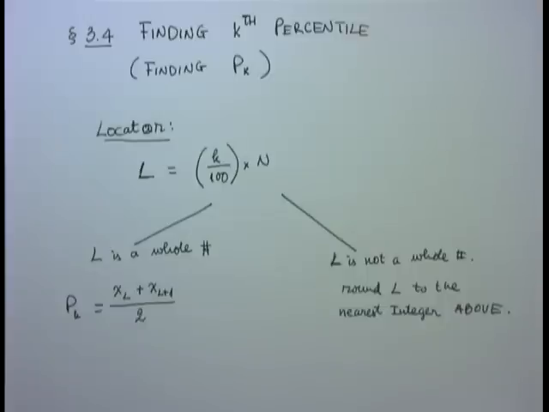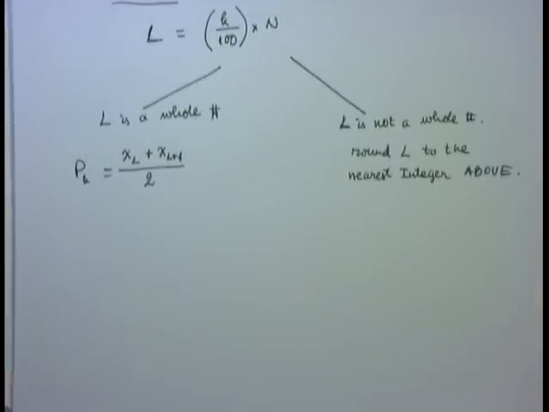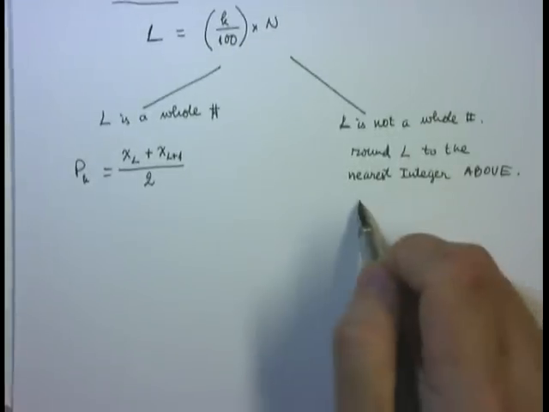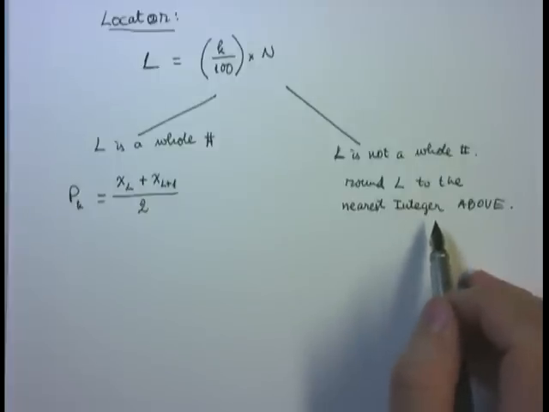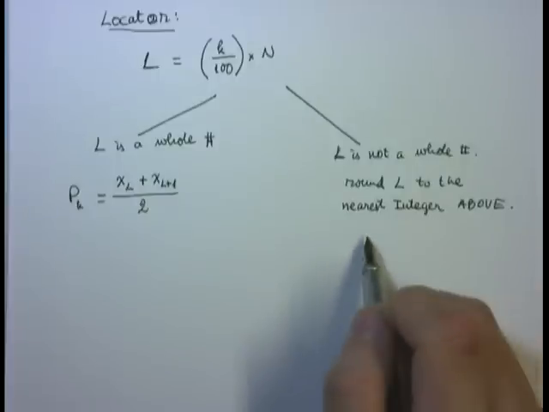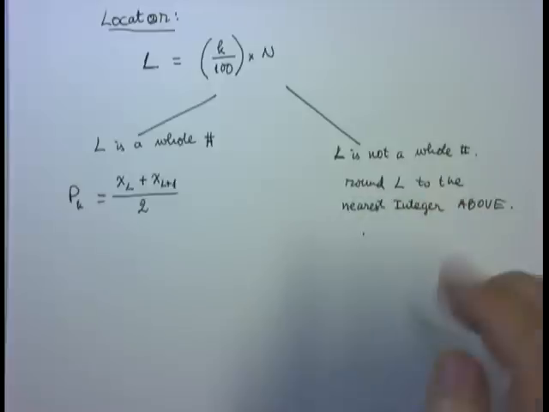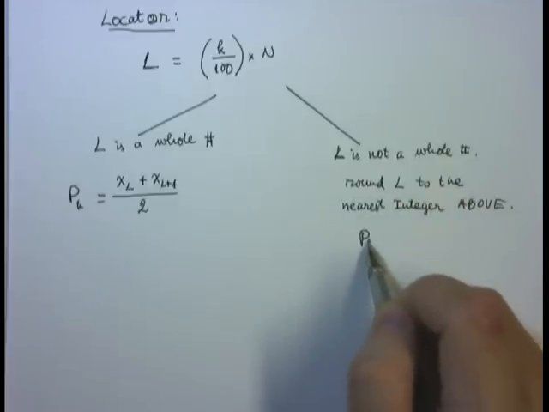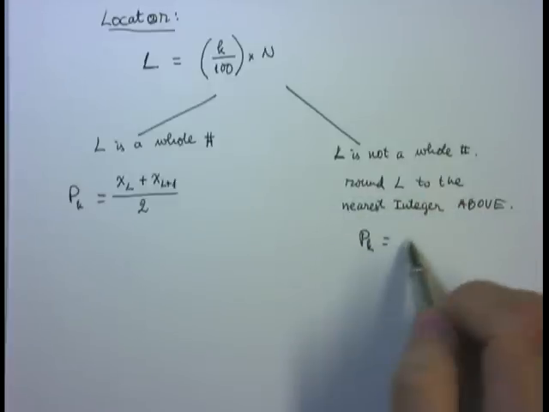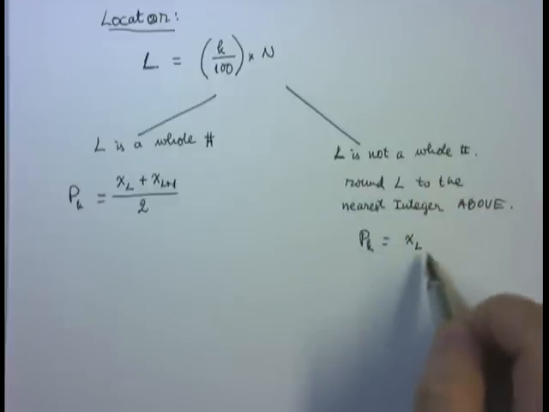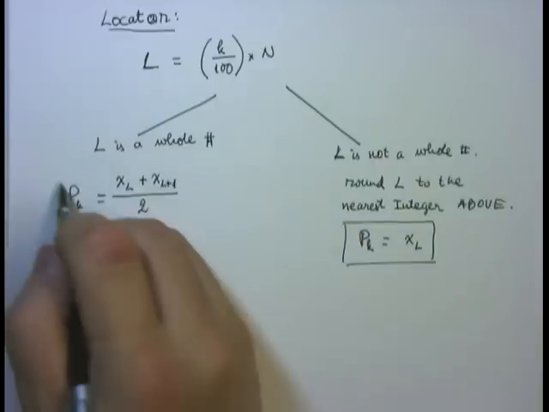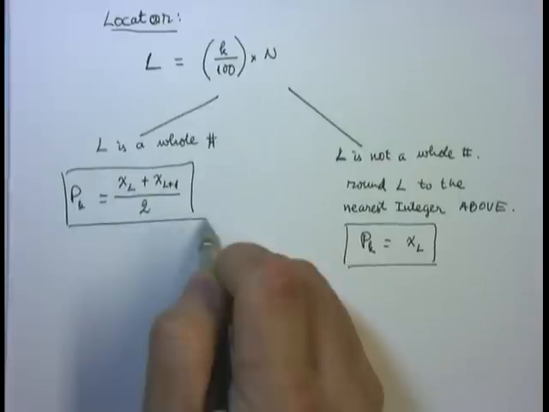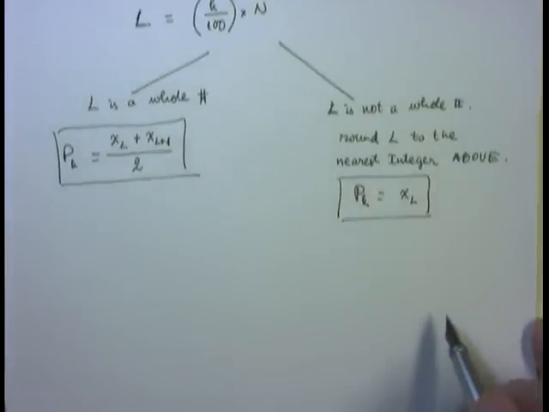This is the general guide of what to do. Once you found an actual L for your locator, in the case where L is not a whole number, your kth percentile is simply x of L, the Lth value on the list. So that's how we can find the P sub k, or the kth percentile.